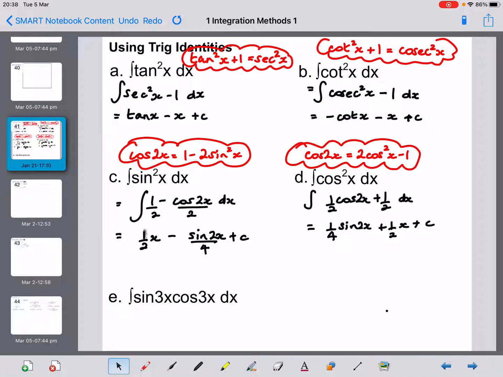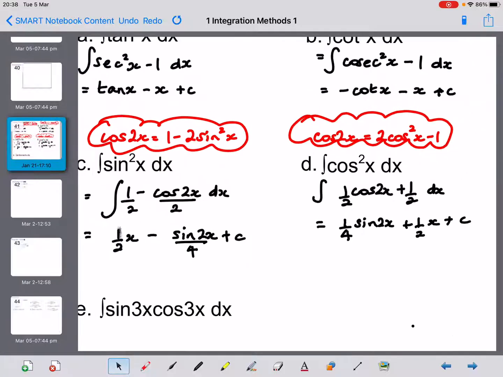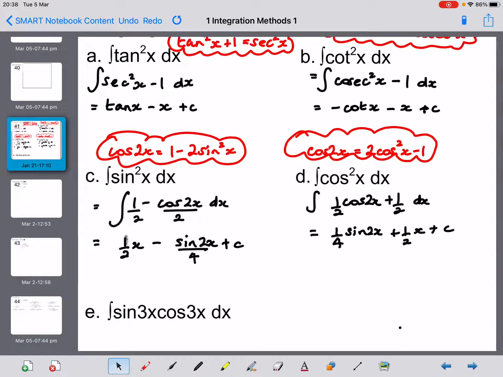is sine 3x cos 3x. So I'm hoping that that's making you think about an identity that you know. I'm hoping it's making you think about the double angle formula for sine. So sine 2x is 2 sine x cos x.